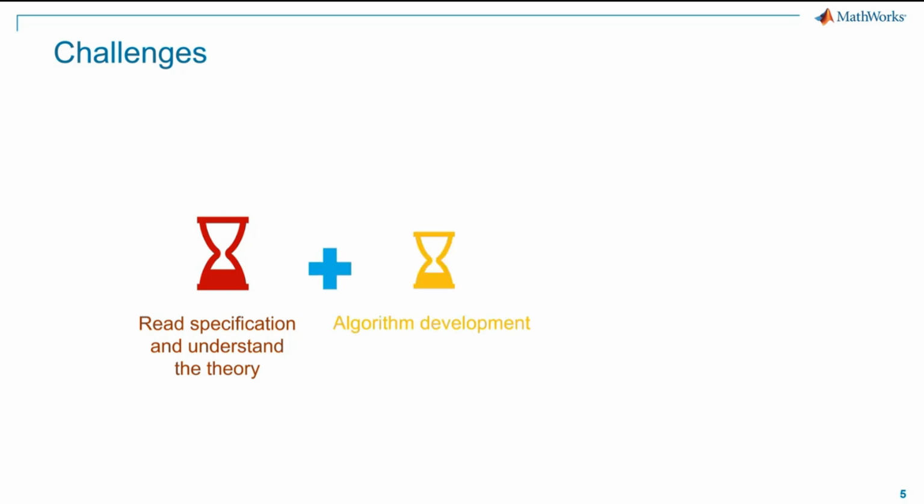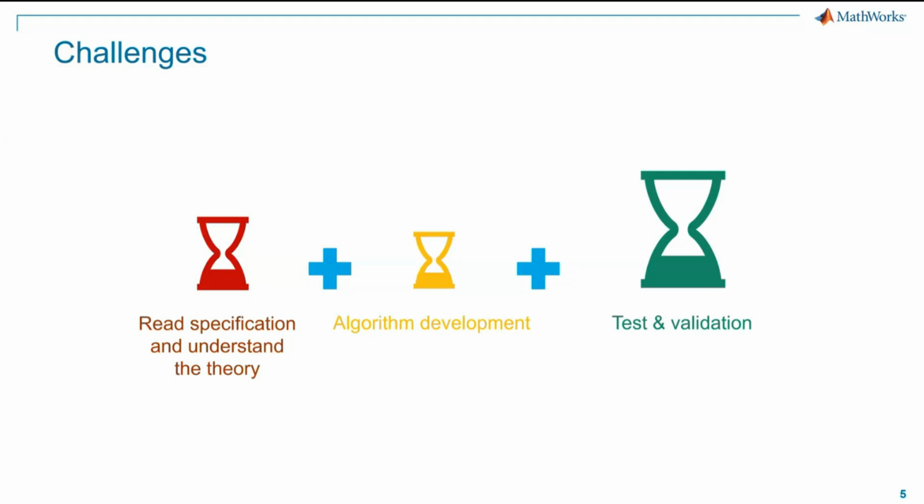When we do that, then we have to develop an actual algorithm. We have to choose a language to write this in, we have to write the code, and we have to confirm that it fits the standard. To confirm that it fits the standard, we have to test and validate that. Maybe we test and validate with third-party tools, maybe with a gold reference, maybe with some other mechanism.